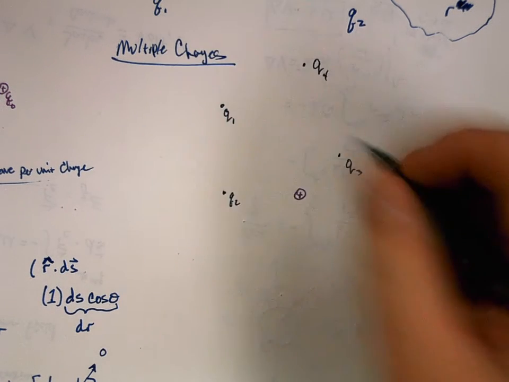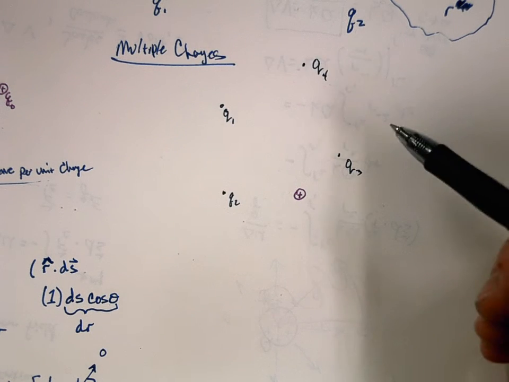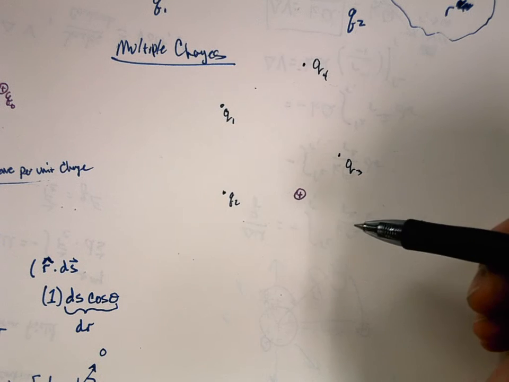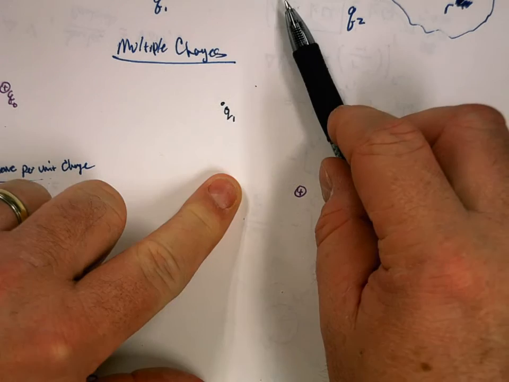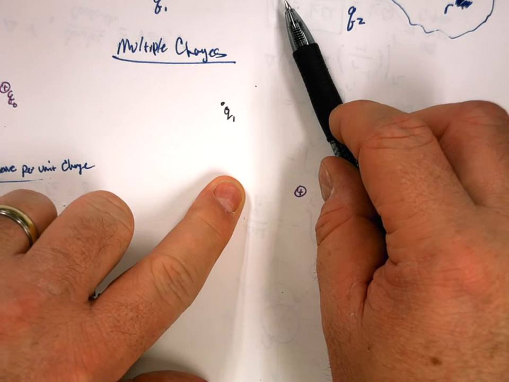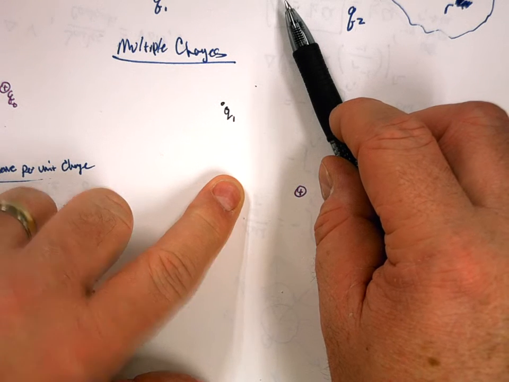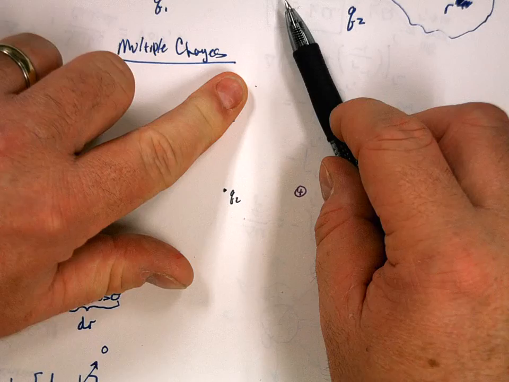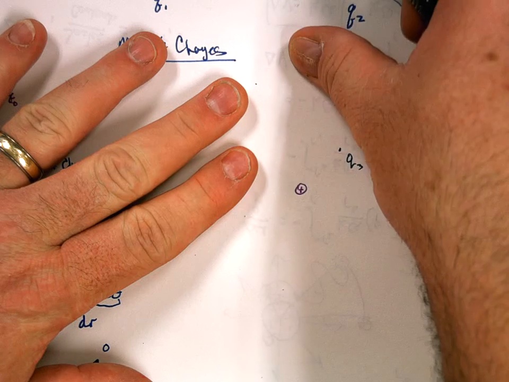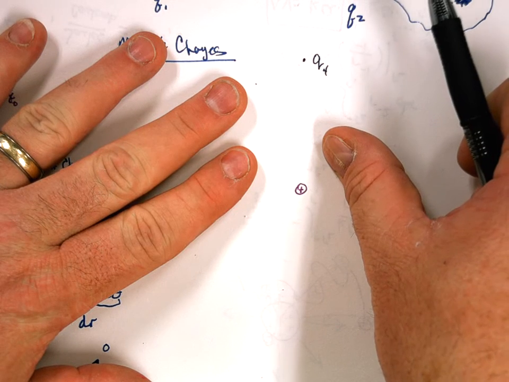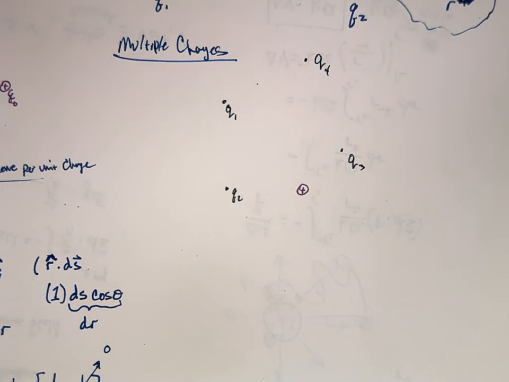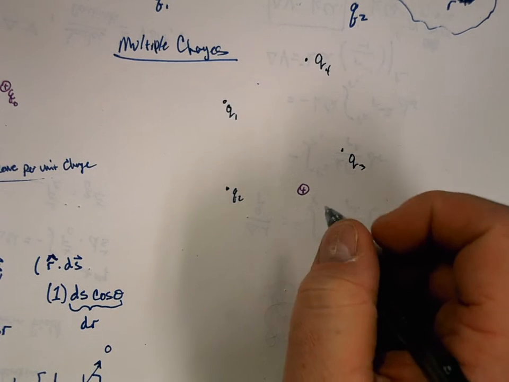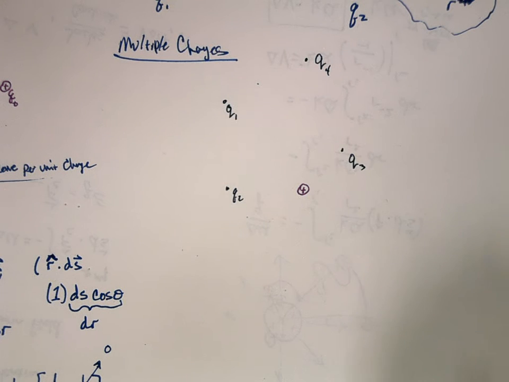There is going to be a potential energy and a voltage coming from each one of these. So we can cover up these guys, and there will be an electric potential for Q1. There'll be an electric potential for Q2. There'll be one for Q3, and there'll be one for Q4. And mercifully, the total voltage equals the sum of the individual voltages.